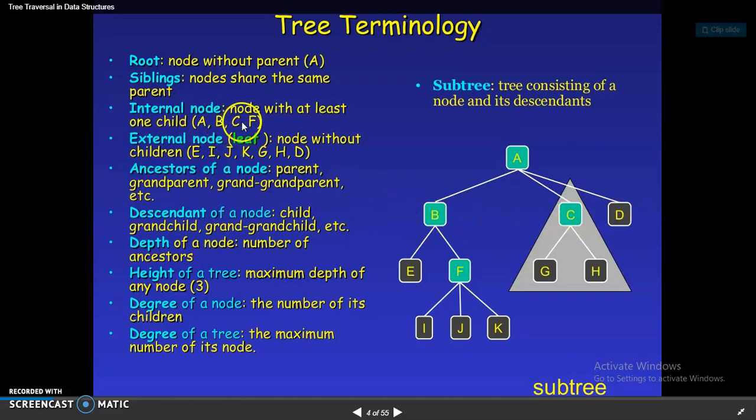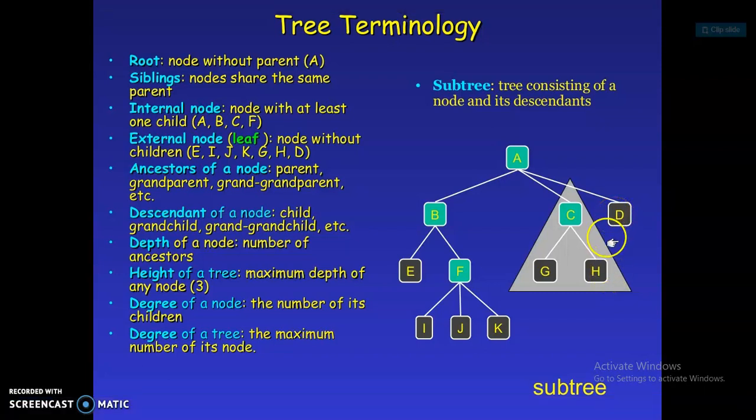Next, internal node: a node with at least one child node. Here the internal nodes are A, which has three child nodes, B, which has two child nodes, F, which has three child nodes, and C, which has two child nodes. But D is not an internal node because it doesn't have any child nodes.